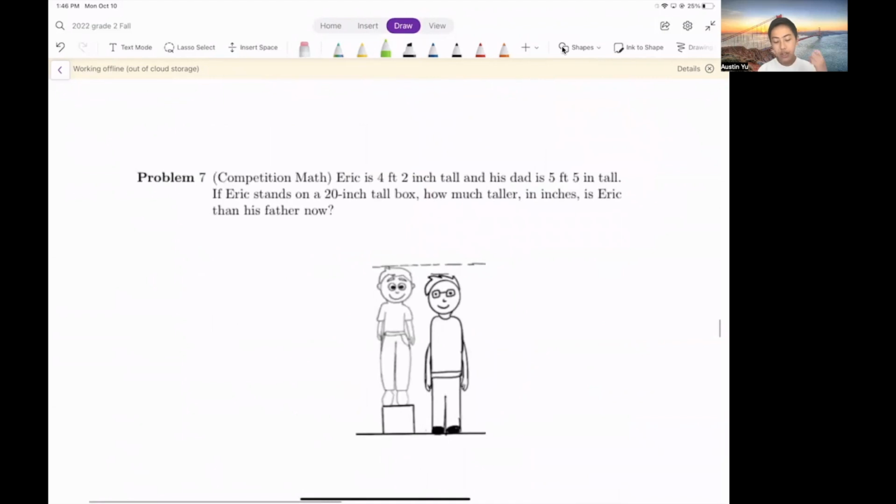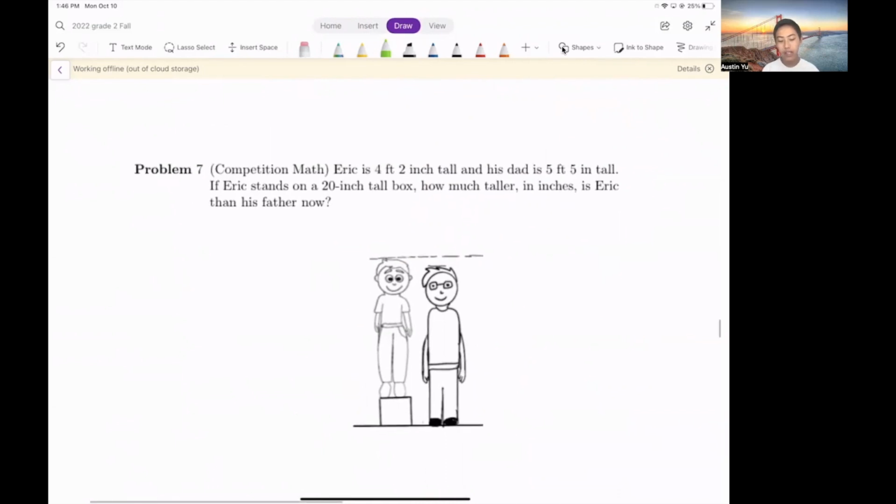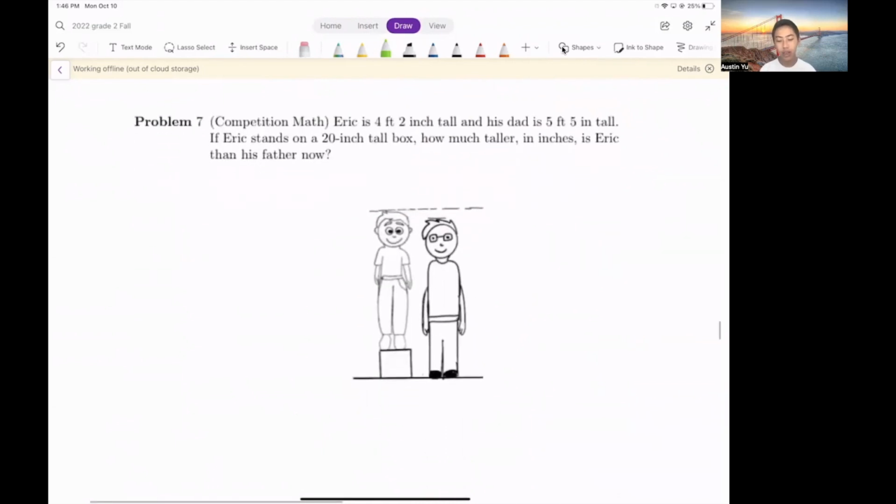Problem 7. So Eric is 4 feet 2 inches tall and his dad is 5 feet 5 inches tall. If Eric stands on a 20-inch tall box, how much taller in inches is Eric than his father now? So we can convert 4 feet to 48 inches, since we recall that 1 foot equals 12 inches.